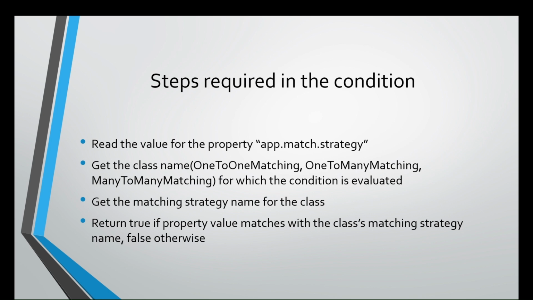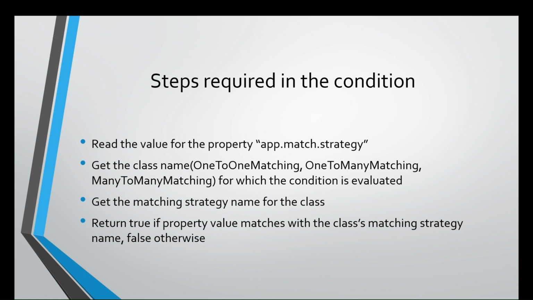After getting the class name, we have created one MatchingConfiguration class. So we would invoke the method that would return us the matching strategy name based on the class name. So we would pass the class name in that method and we would get the matching strategy name for that particular class for which the condition is being executed.